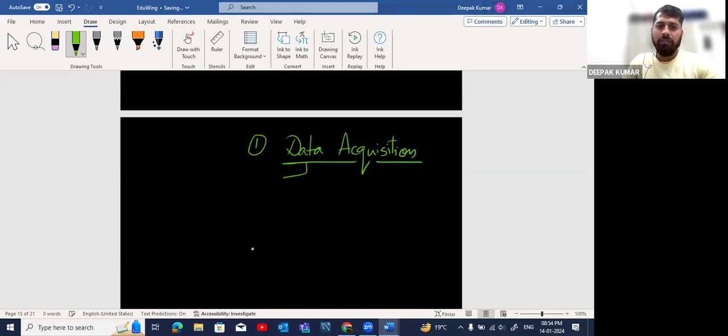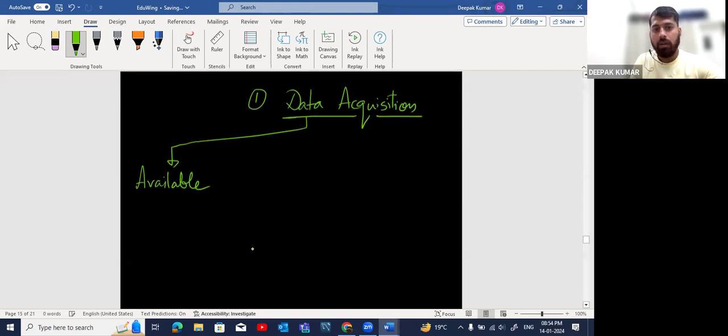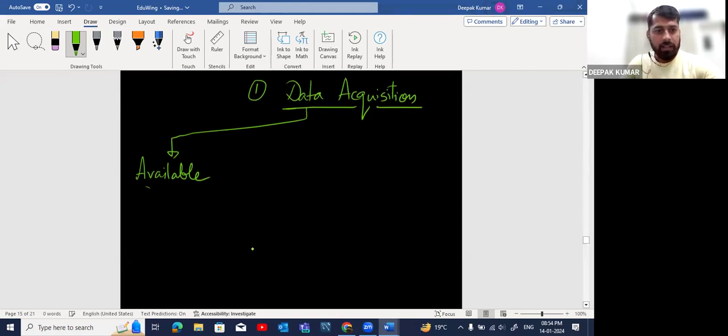So there are various scenarios. One scenario says the data is readily available, meaning you need not scrape the data. Available means you have it on the table here. So if I write it, I may write, it is on the table. You are only about to use it.